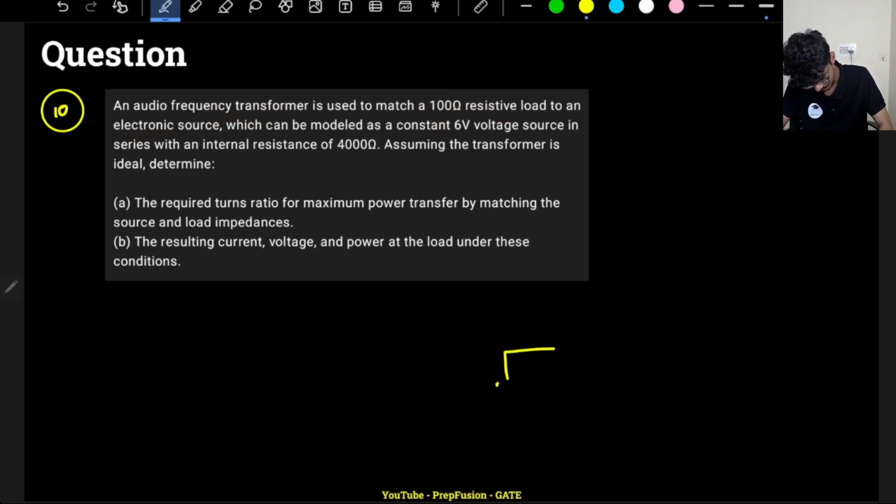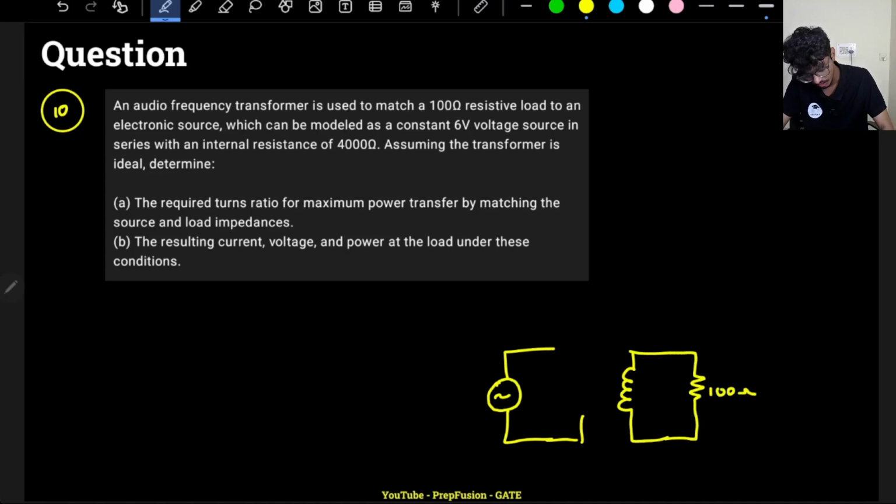I have an audio transformer, and it is used to match a 100 ohm resistive load. So on the other side of the transformer I will have a resistance of 100 ohms that I will use for impedance matching.